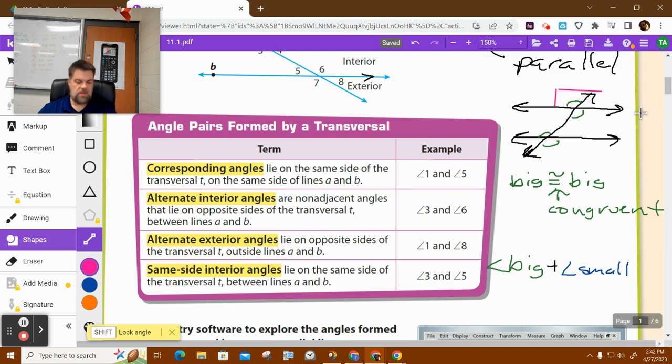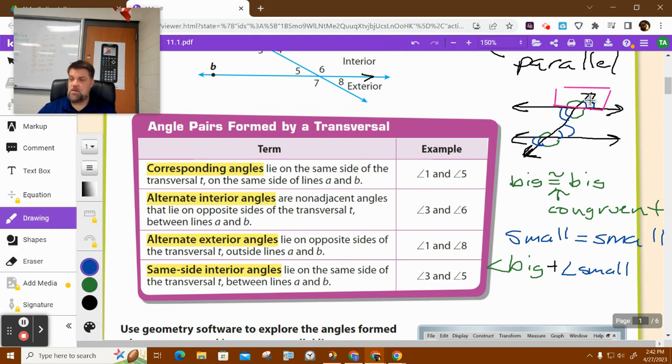Look at these two angles. I'm going to highlight them in pink. What do those two angles add up to? A straight line, right? This big angle plus this little angle is a straight line.